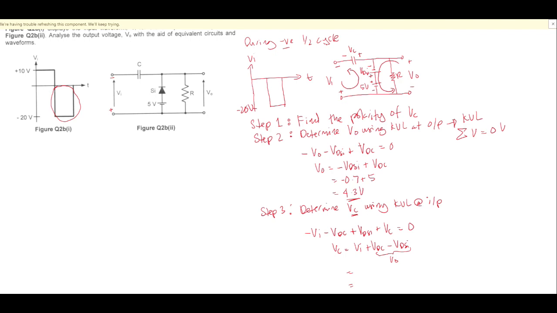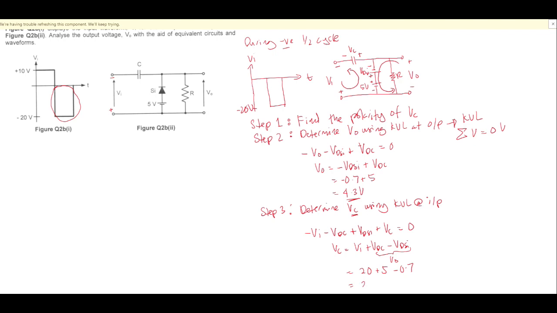VI in the question is given as 20. VDC is 5 volt. So plus 5 minus 0.7. Alright, so 20 plus 5 is 25, minus 0.7.